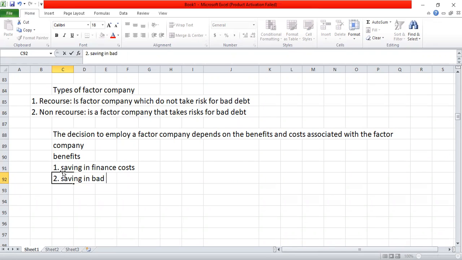But this one is for non-recourse. For a non-recourse, you can also have a saving in administration cost, saving in admin cost. These are going to be the benefits that you may need to evaluate if you are dealing with a factor company.